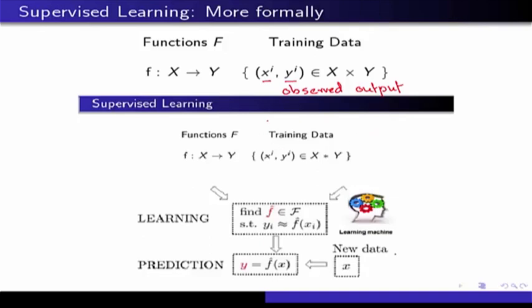In order to achieve that, you factor in the entire training data and try and learn a function. Now this function f, which you try to learn, might belong to a large function space. One example of this function space is the linear function space.